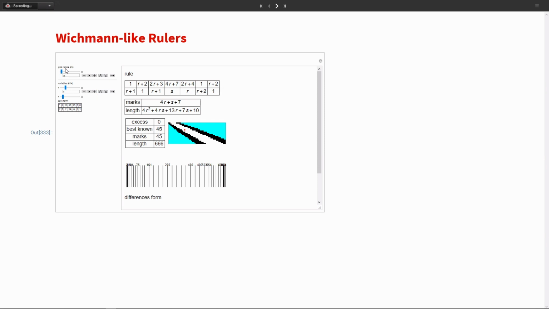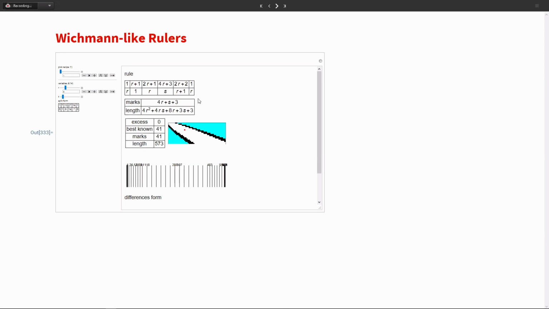I used Wickman recipe number 1 and just added a T value at the end, which was of a size less than R. And with that, I could basically just add 1 mark, but cover a whole bunch of extra differences for a ruler with only an excess of 1.